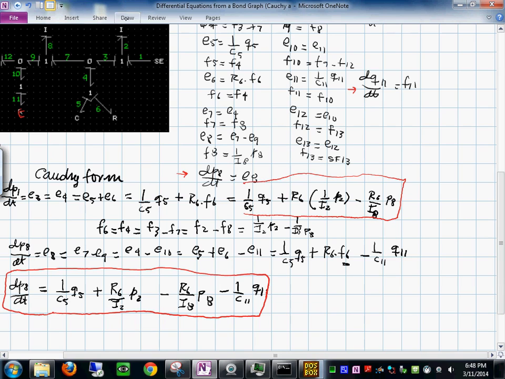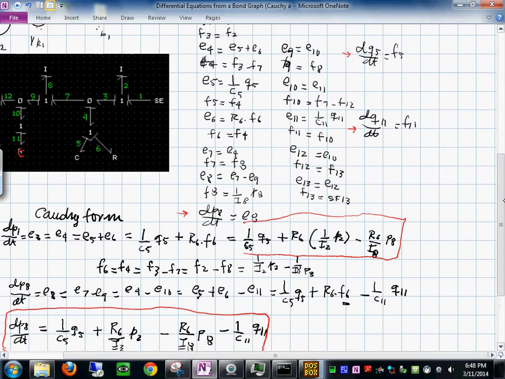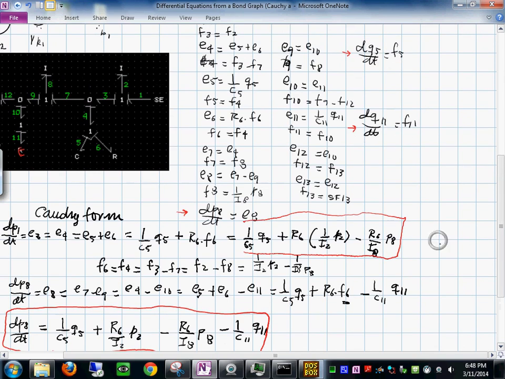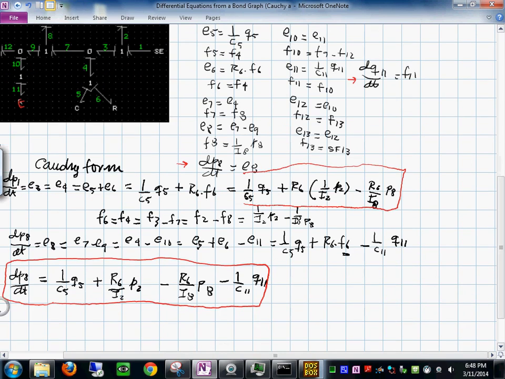Okay, let's go with that. The next one that we have is dq sub 5 dt. That is dq sub 5 dt equal to f sub 5. But see, f sub 5 is f4, and f sub 4 is, where is f4?